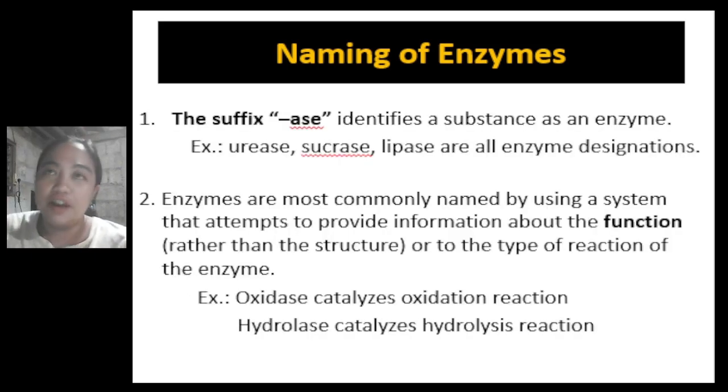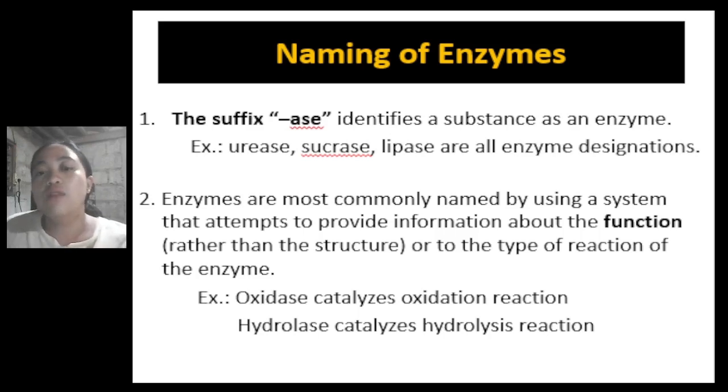Now, for the modern naming, what we now use is the suffix -ase. This suffix -ase identifies a substance as an enzyme, like urease, sucrase, lipase; they are all enzyme designations. So those that have the suffix -ase, we can say that those are enzymes.